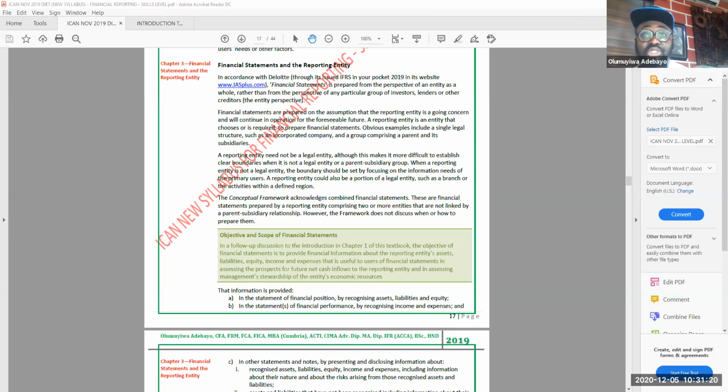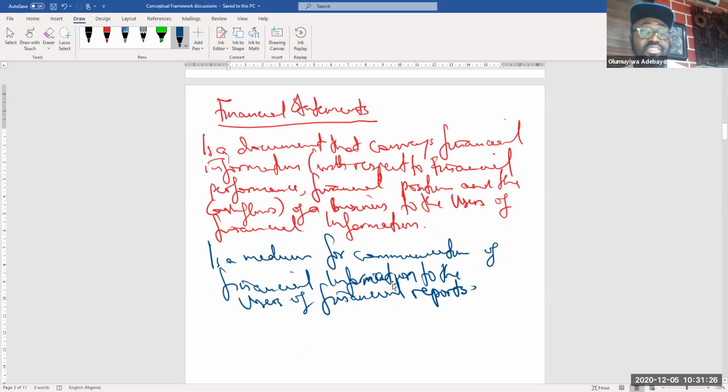Now, let me show you what I've written. This is what I've written so far. I said financial statement is a document that conveys financial information with respect to financial performance, financial position, and cash flows of a business to the users of financial information.